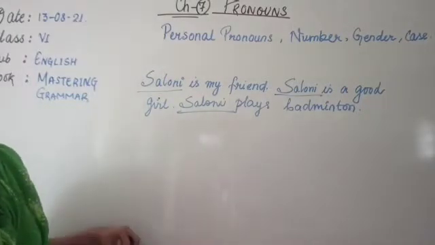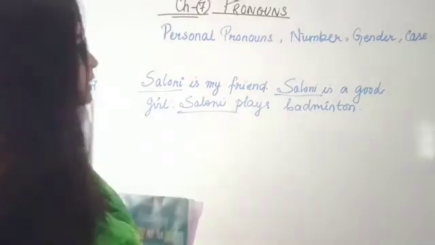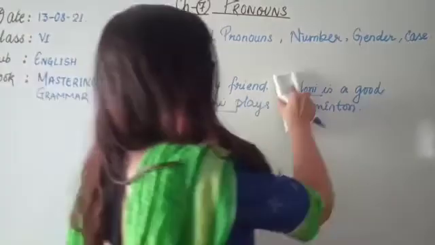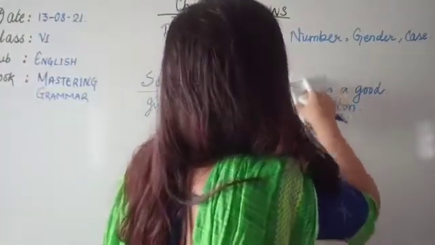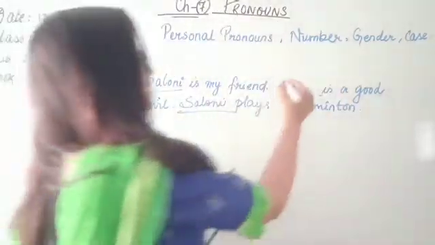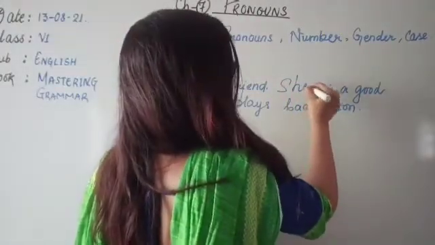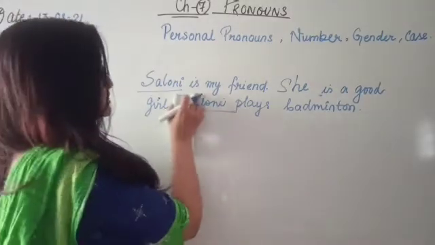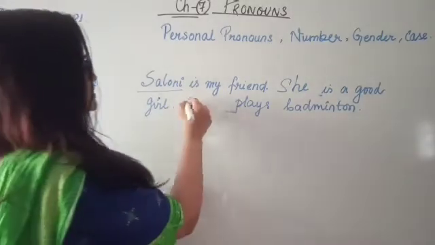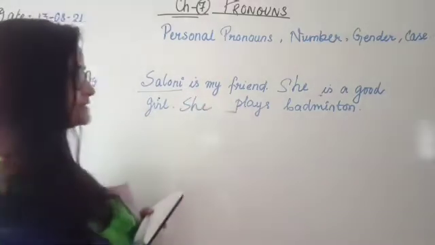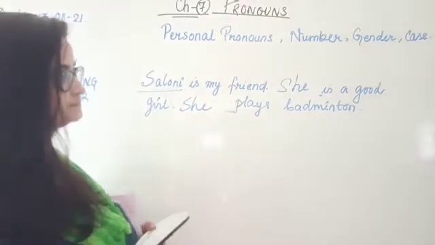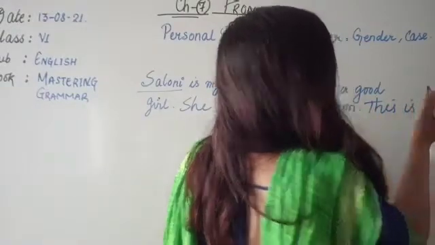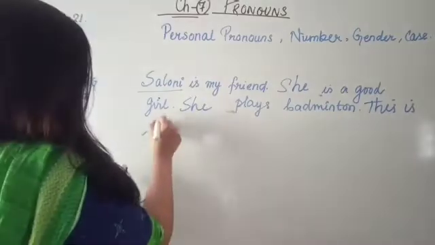Okay. Now, can I do one thing? See, I can use the first Saloni to understand that we are talking about this girl only. Now, here we could have used she, right? She is a good girl. She plays badminton. Like this, if I added this is Saloni's book, this is her book.